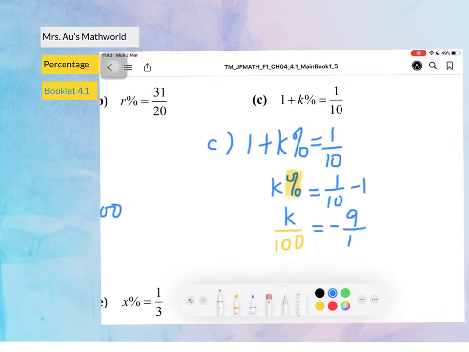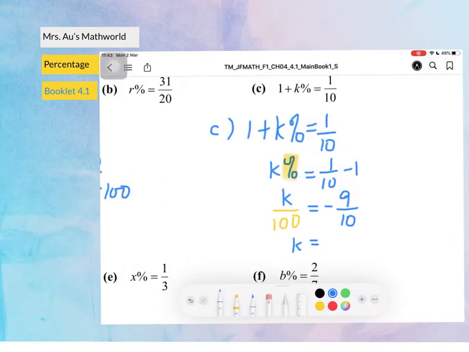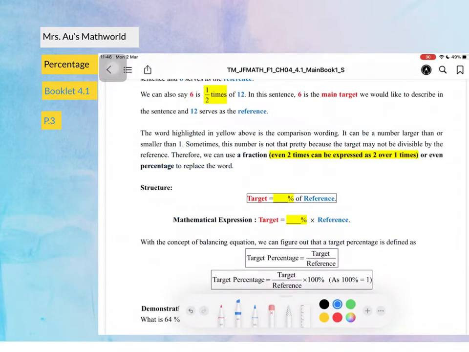After that, multiply 100 to the right hand side, and you get the result of K to be negative 90. So please complete the rest of page 2 yourself. Please look at page 3.